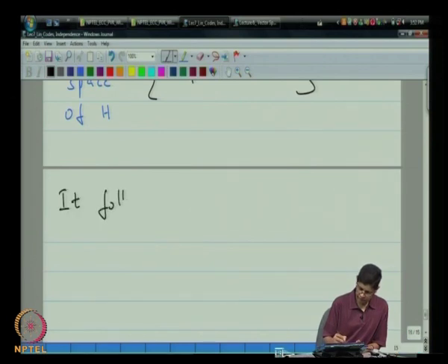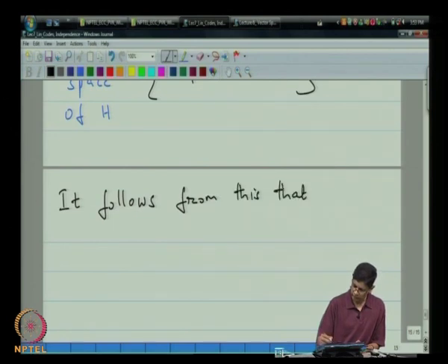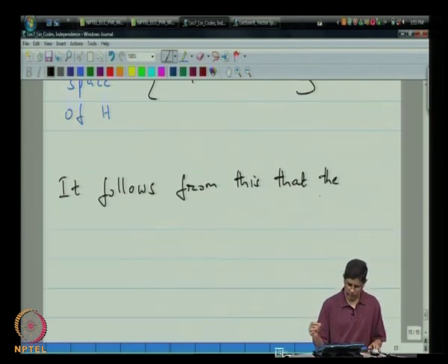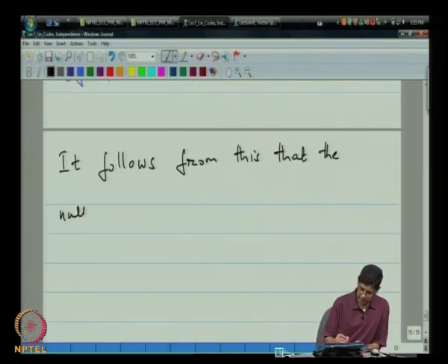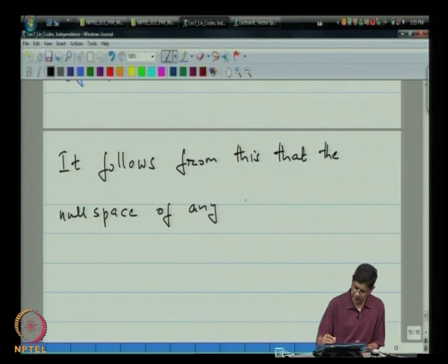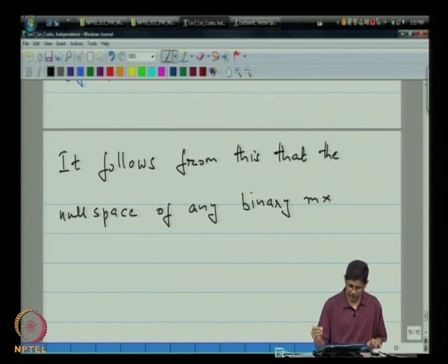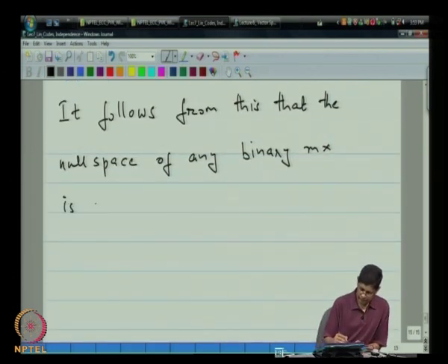It follows from this that the null space of any binary matrix is a linear code.